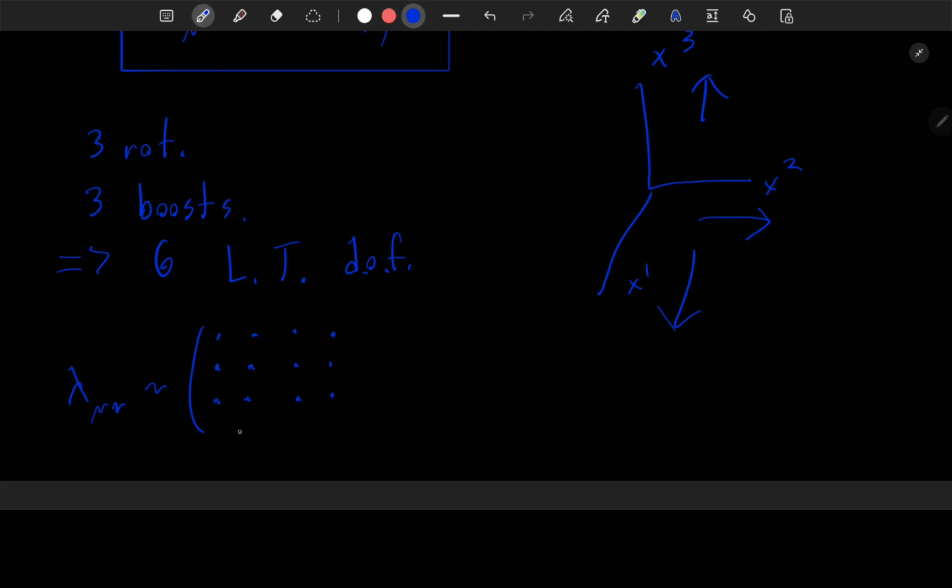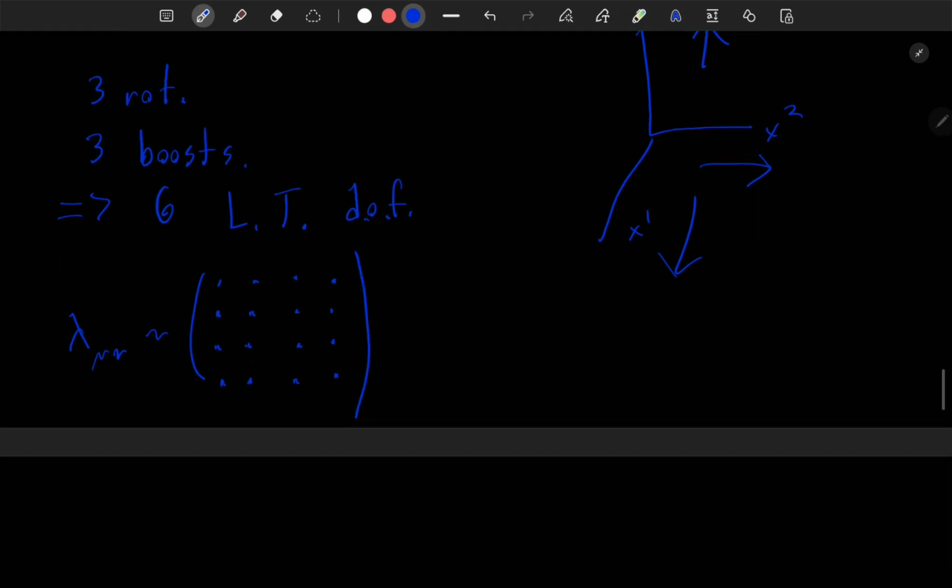Well, how many degrees of freedom does it have? If we consider a diagonal component, well, we know that has to equal its negative. So its diagonal is all zeros.